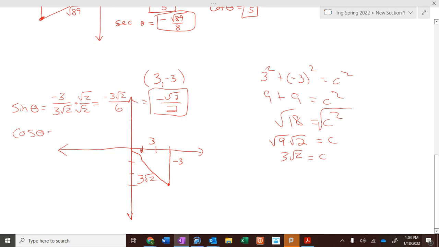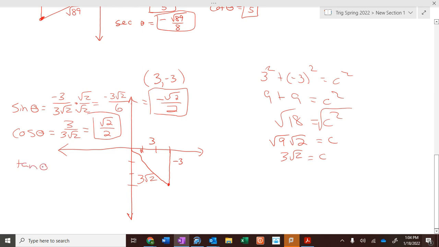Cosine of theta is 3 over 3 square root of 2. So if that's -3 over 3 square root of 2, is the answer going to be basically the same, just positive? So it's square root of 2 over 2.